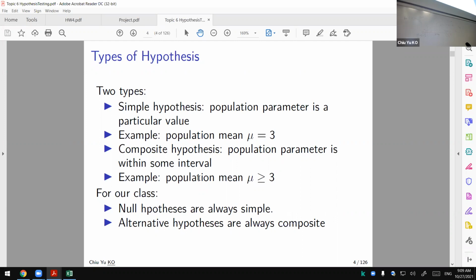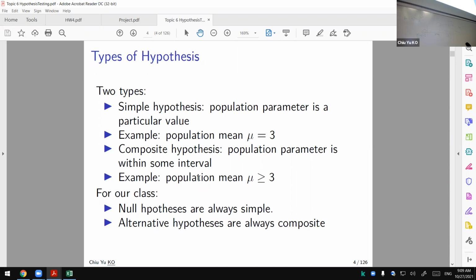Simple means it's like a point estimator: you just assume the population mean is exactly one value, whether mu is 5, mu is 6 kg, or mu is 7 kg in the rice example. It's just one single number. A composite hypothesis, instead of one number, is a group or interval of numbers.